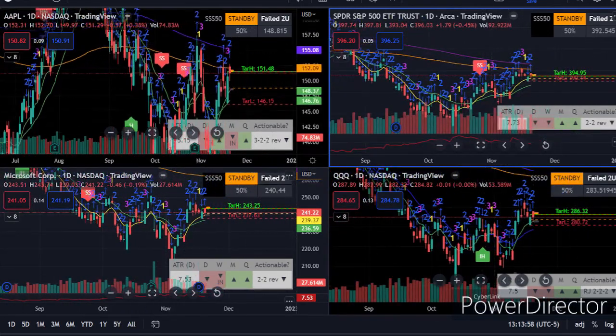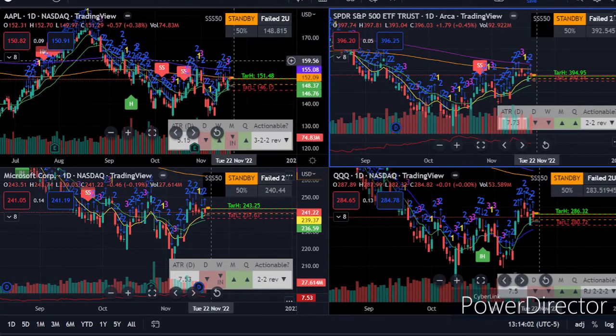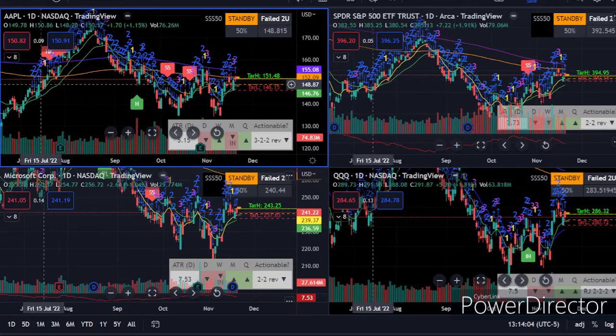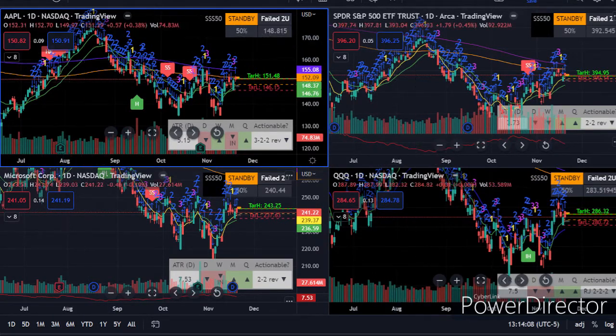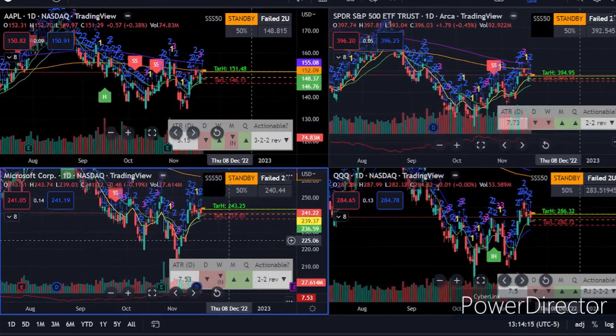And it's kind of the same thing over here with Apple. Back here we had that trouble around the 200 and then boom. This one, Apple, though, went way above the 200 before it decided to come back down. So just kind of have to see what these do.